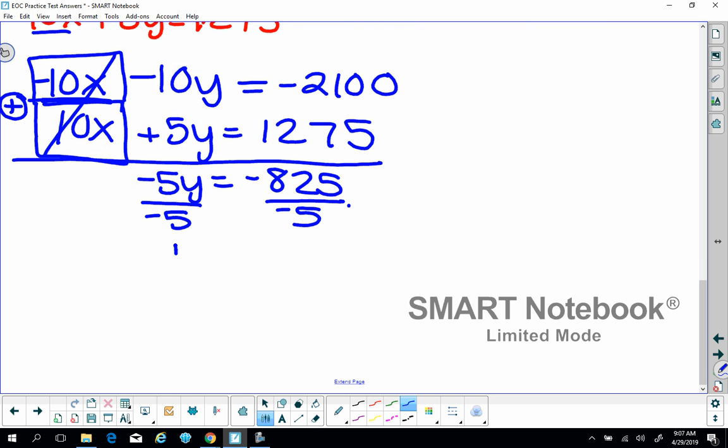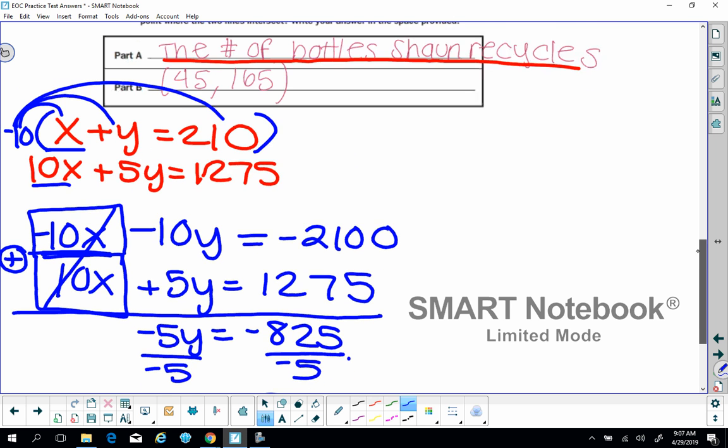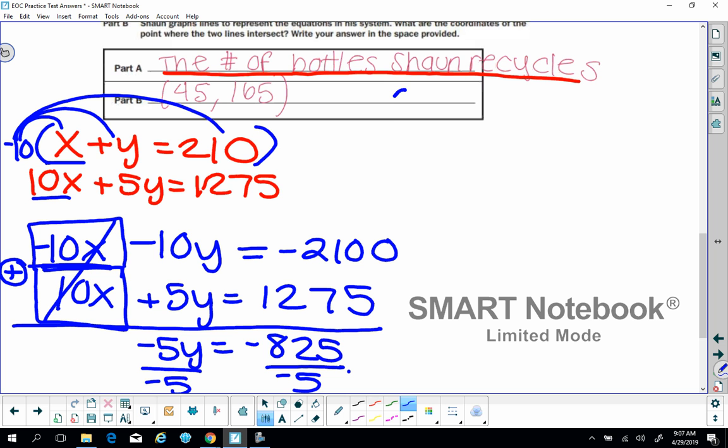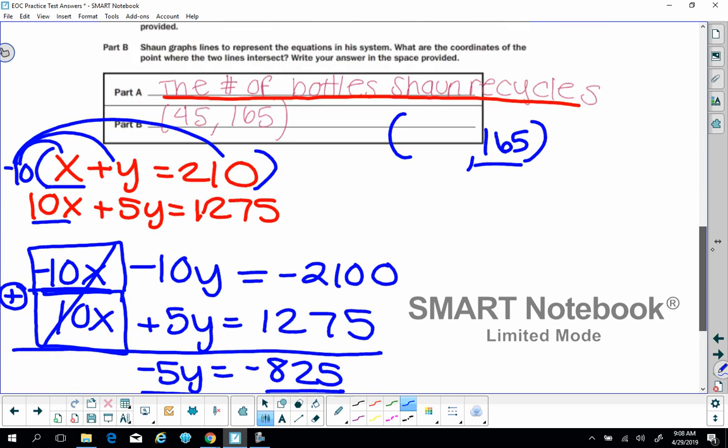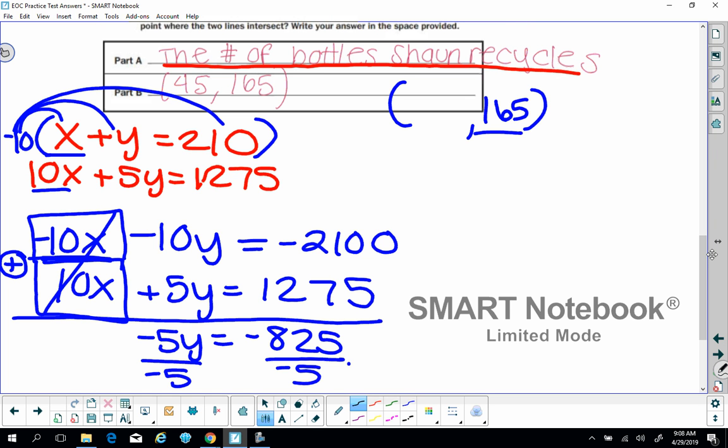And I end up getting y equals 165. So when I go up to my answer, because they just want a point, I know that when I write my answer, 165 is going to be my y coordinate. To get my x coordinate, you can take either equation, so I would take the original ones. I'm going to take the top one because it's less coefficients, less numbers involved.